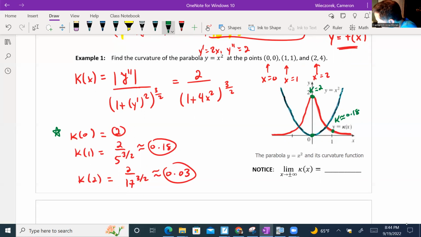And if I was to move out even further towards 2, it'd be about here. Looks like my curvature is now only about 0.03. So the interesting thing to notice is that as x moves very far off to the left, and as x moves very far off to the right, toward positive or negative infinity, your curvature is approaching 0, which makes sense. It's nearly straight.